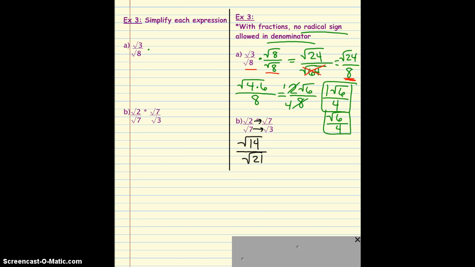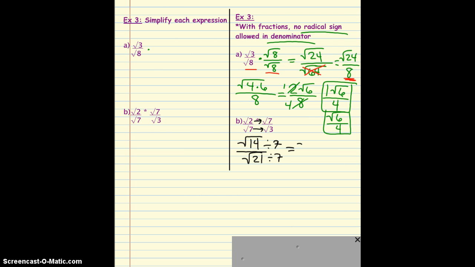All right, let's see, perfect squares. No, 14 doesn't have any perfect squares. 21, that doesn't have any perfect squares. So all we can do is break this down and simplify it. We can divide this by 7, because 7 goes into 14, and divide this by 7.